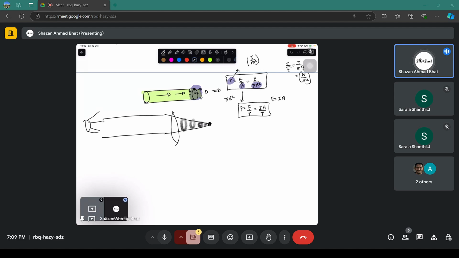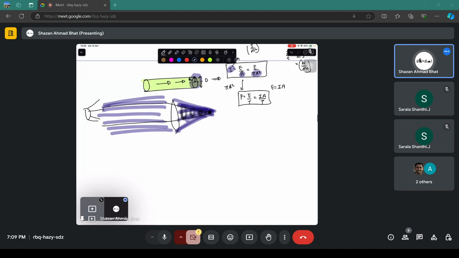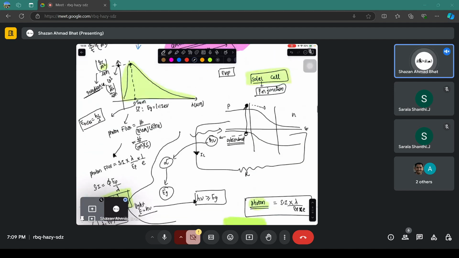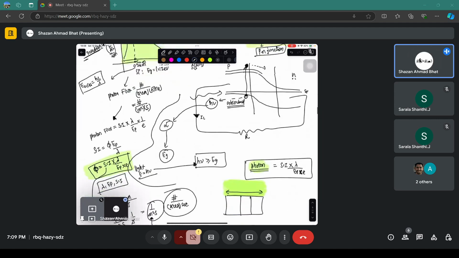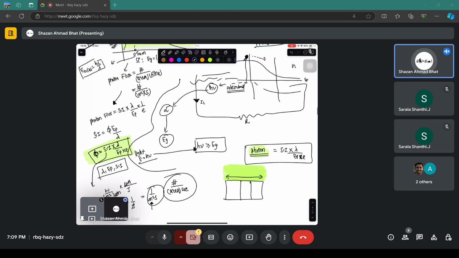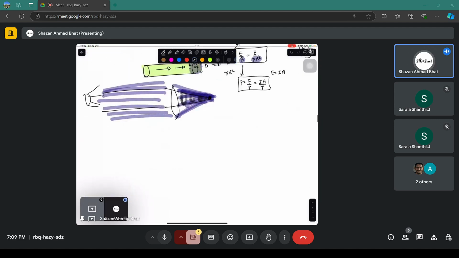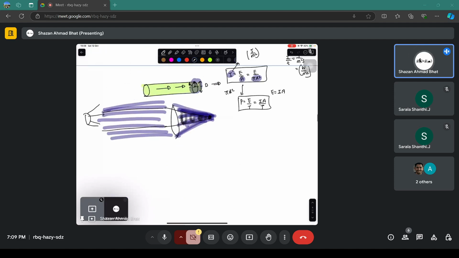Otherwise, the sun's energy is spread out like this. But if you focus it, you are increasing the intensity so much that it creates catastrophic damage inside the material. That is the fundamental concept of where the area of the beam comes into the picture.